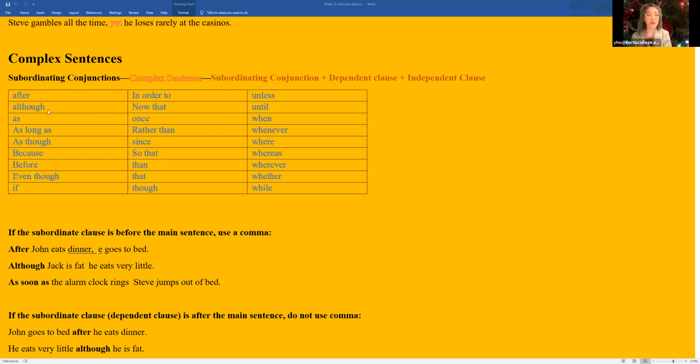So whenever you have after, although, as long as, though, because, before, even though, if, in order, now that, once, rather than, since, so that, than, that, though, unless, until, when, whenever, where, any of these words in front of a complete sentence, then you have a dependent clause. And if you just have a dependent clause as your sentence without an independent clause, then you have a sentence fragment. And this is still a very common error that I see in many essays.